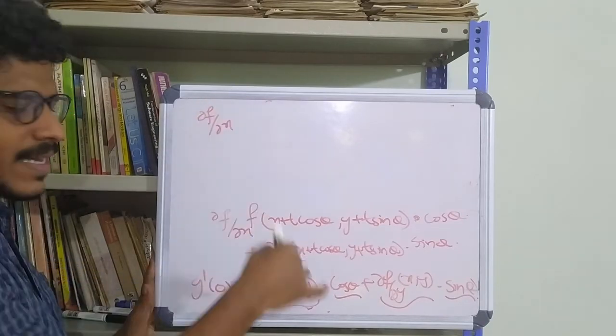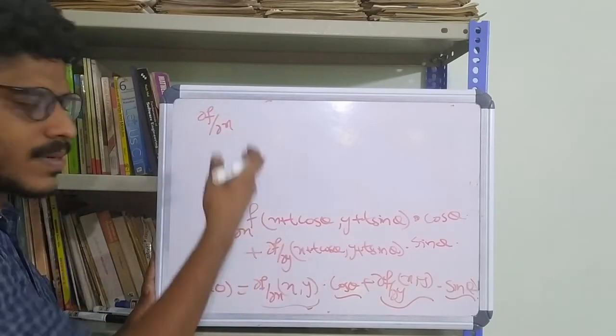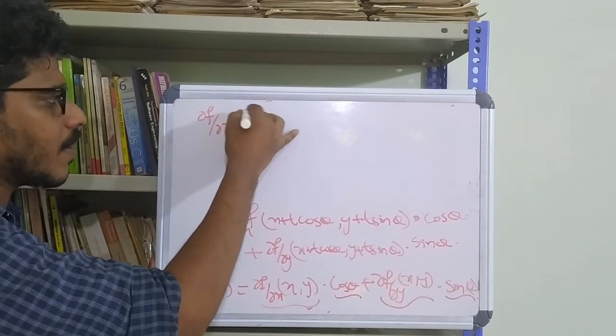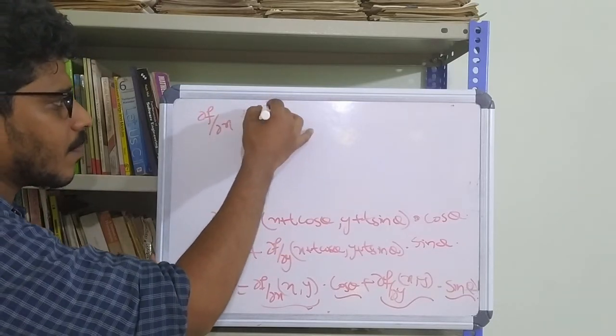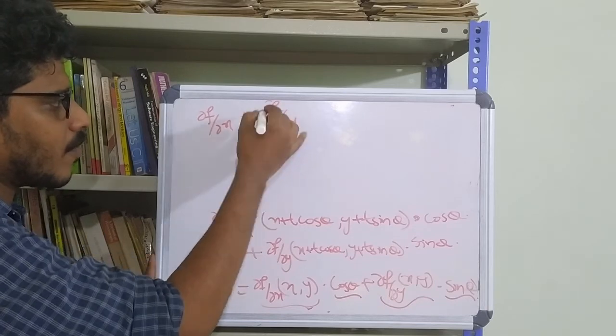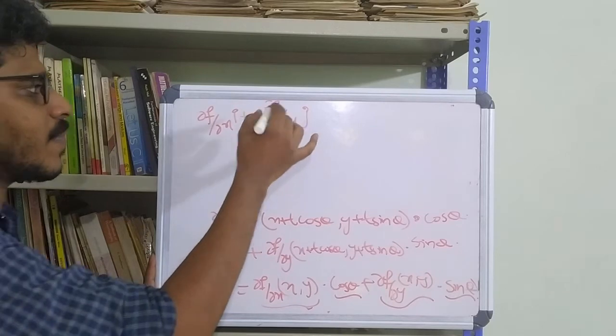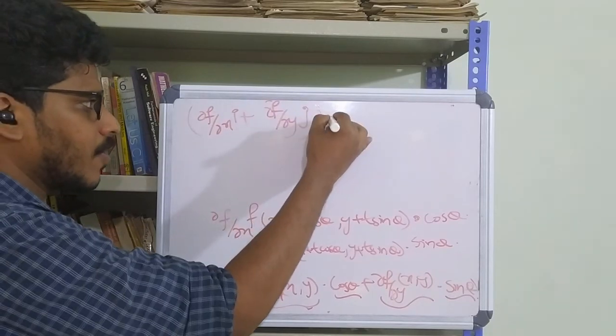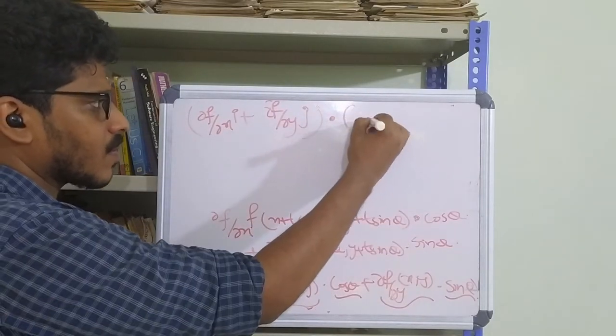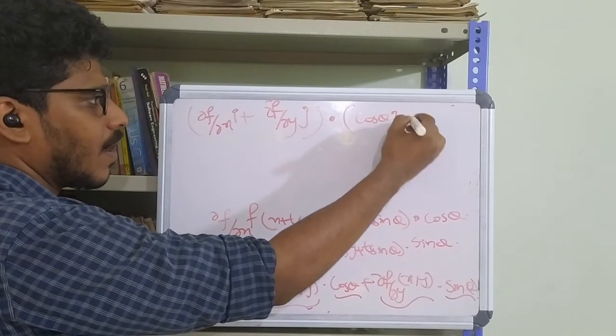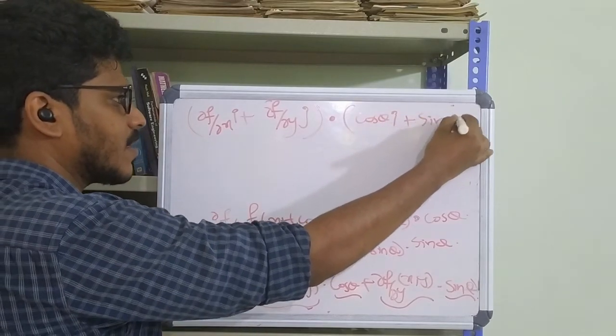I don't write x and y again. You know, this is a function of x and y, right? Dou f by dou x plus dou f by dou y. I consider these to be vectors. Dou f by dou x i plus dou f by dou y j, dotted with cos theta i plus sin theta j.